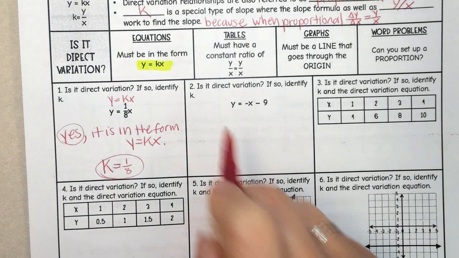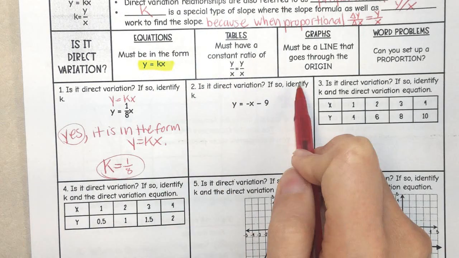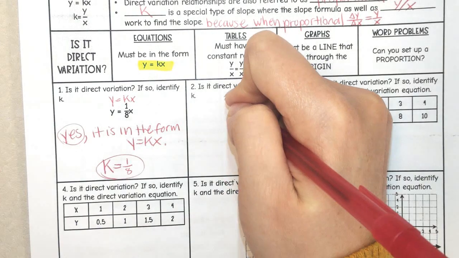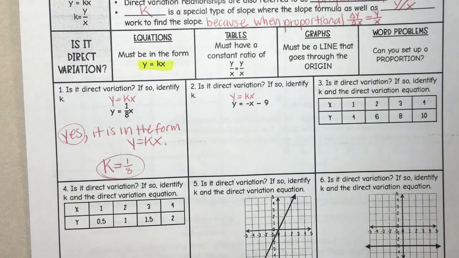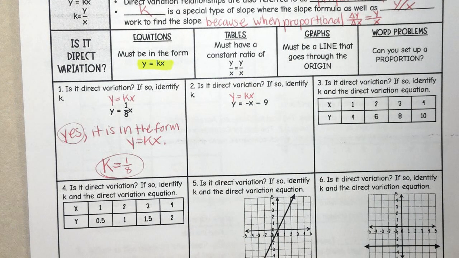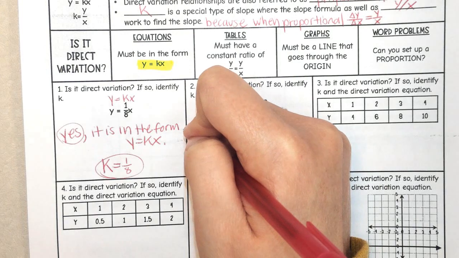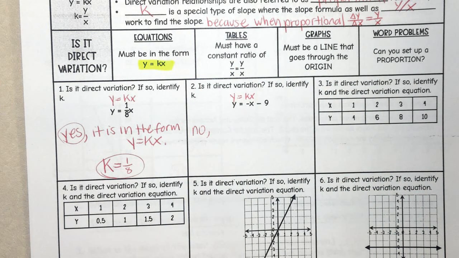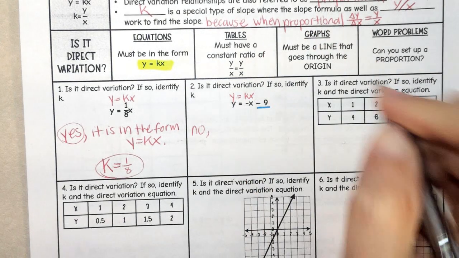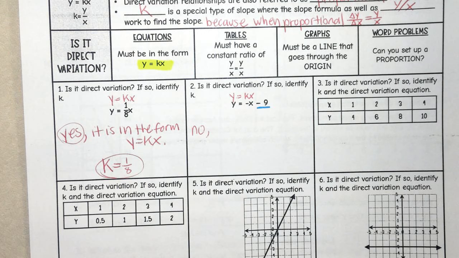On the next one, is it a direct variation? If so, identify k. Again, if I write this right above it, y equals kx. Is that in the form y equals kx? No. Who can tell me why not? So what part's making it so that it's not? Yeah, we are subtracting 9 at the end. We're not supposed to be adding or subtracting anything at the end.